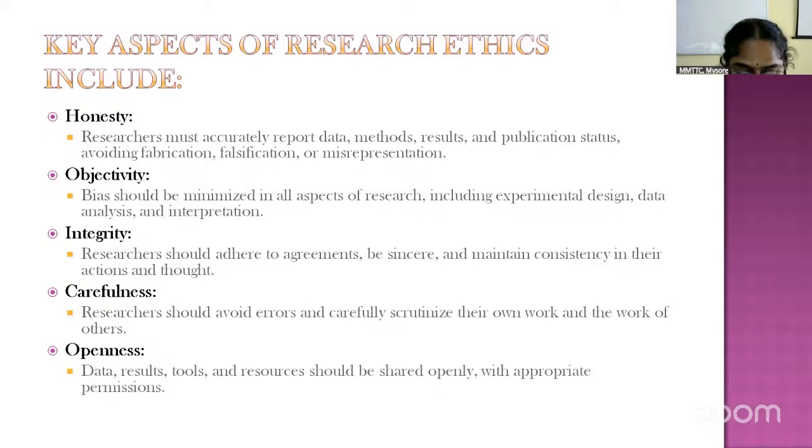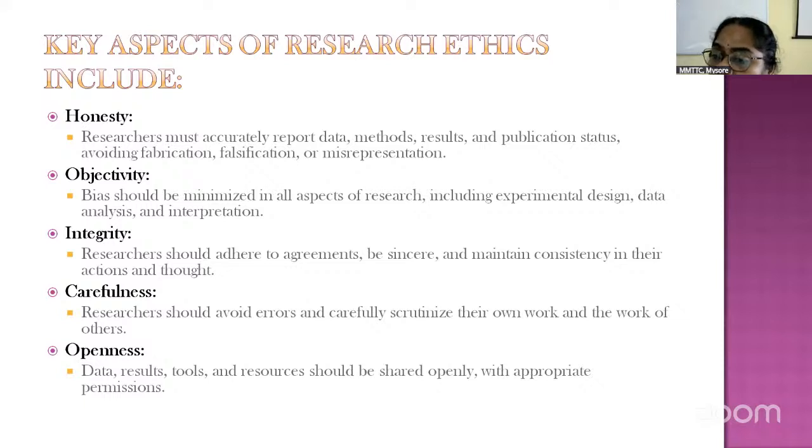One more thing you can see here, promoting social responsibility. You can be alert in this social responsibility. Research ethics also considers the broader societal implications of research, including potential benefits and harms, and encourages researchers to contribute to the public good.